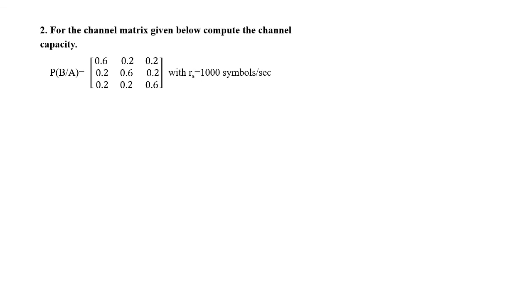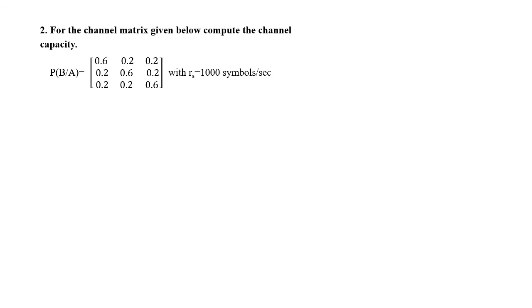Second problem: for the channel matrix given below, compute the capacity with Rs is 1000 symbols per second. So just check whether it is a symmetric or uniform channel. Yes, it is a symmetric channel, as 0.6, 0.2 and 0.2 are going to repeat along the second and third row, but in different order.